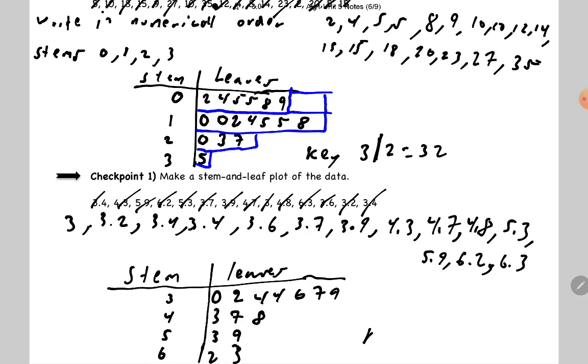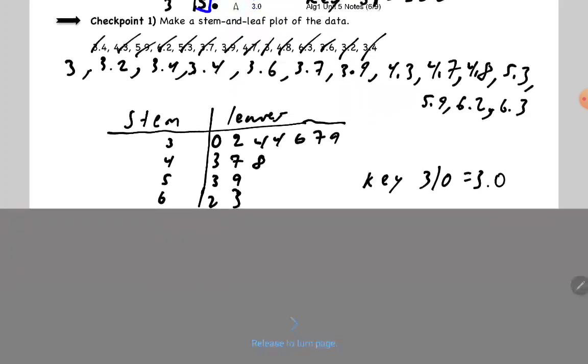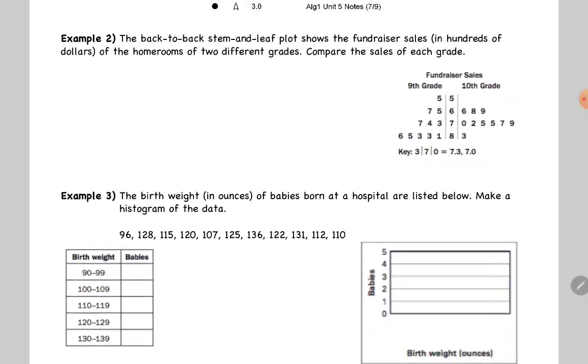Then we write our key. If I plug in 3 | 0, that means 3.0. You always need to write the key to determine that it doesn't mean 330 or 300 or 3000, it means 3.0. So that's stem and leaves.